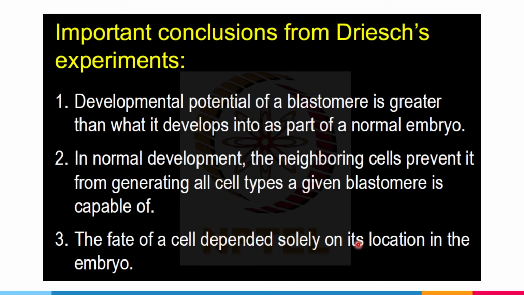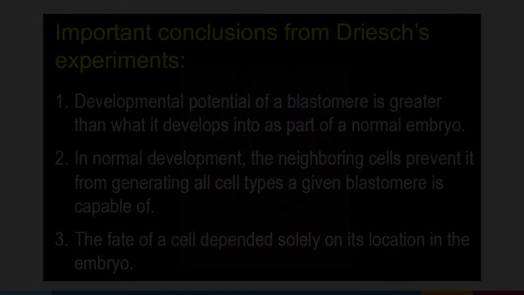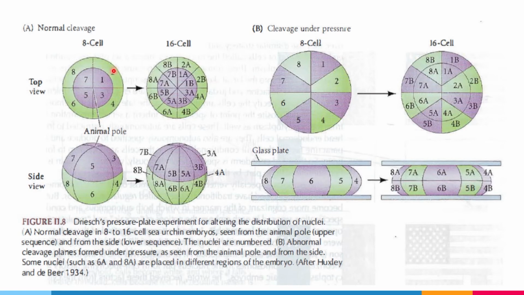And these were the conclusions from Driesch's experiments: since the embryo developed normally, whatever cell now took the place of 1, say if number 2 got in place of cell number 1 after the rearrangement, then cell number 2 will give rise to ectoderm, even if in the normal embryo it wouldn't have formed the ectodermal lineage.